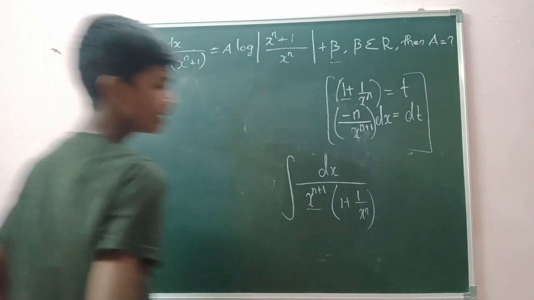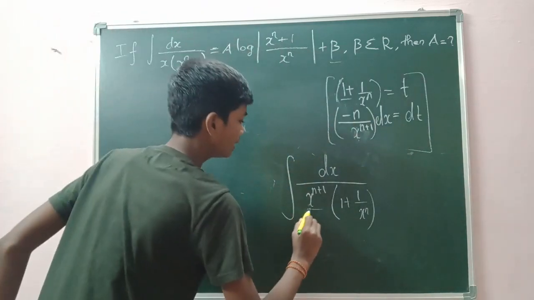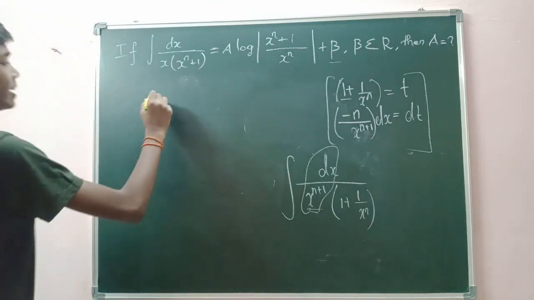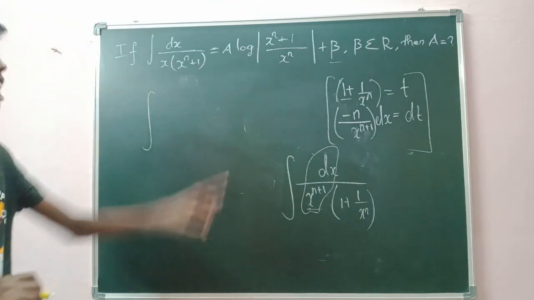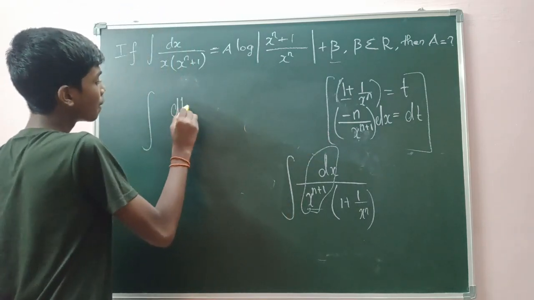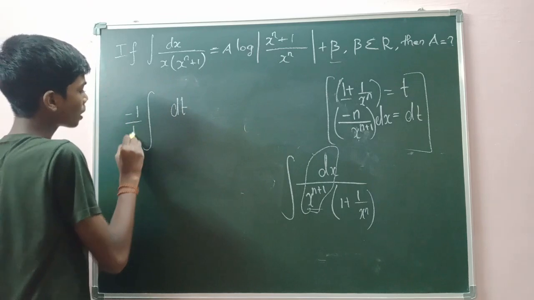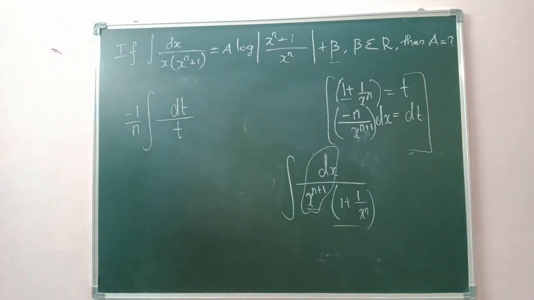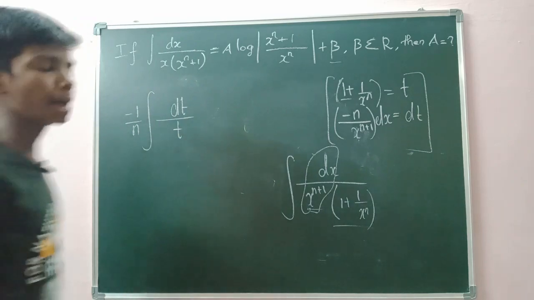We know that this integral is the integral of dx by x^n+1. This integral of dx by x^n+1, can't I write this as dt by minus 1 by n, then divided by this t, that is 1 plus 1 by x^n? Correct or not, people? Am I right?